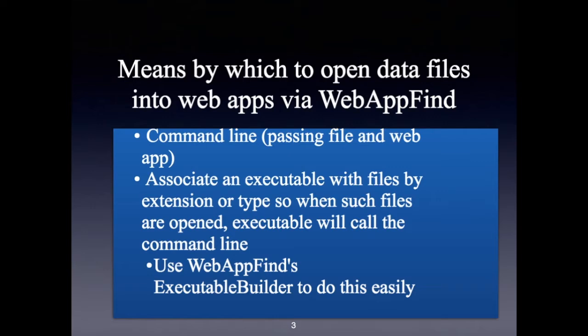Now we're going to go over the couple ways that you can get your data files to open through WebAppFind. There's two basic ways of doing that. At a low level, WebAppFind can be triggered to open files from the command line. To give a brief explanation for technical users, when the add-on starts up, the add-on's executable is alerted to set up a local Node WebSocket server.